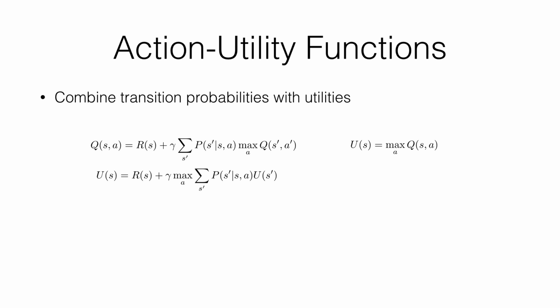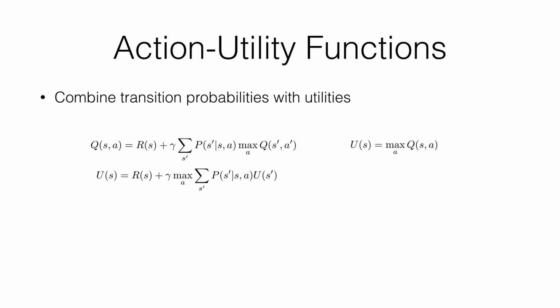The intuition here is that, rather than having just the utility of a state, which is the expected reward given optimal play from this point on, the Q function models what your future rewards will be given that you take some action A from state S. It's a little bit like unrolling a level of recursion.